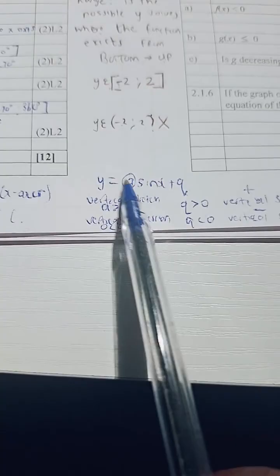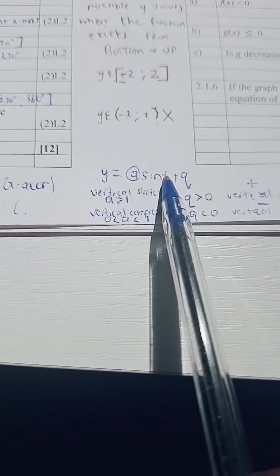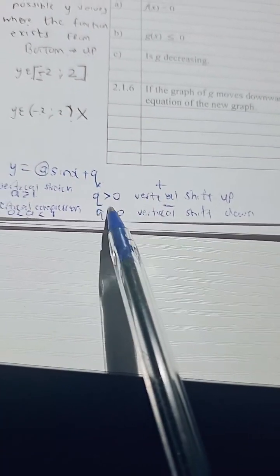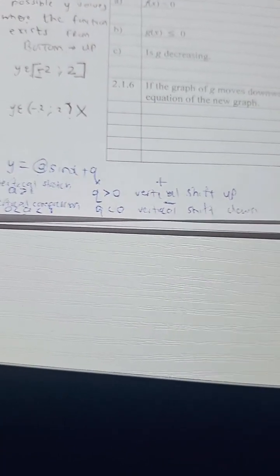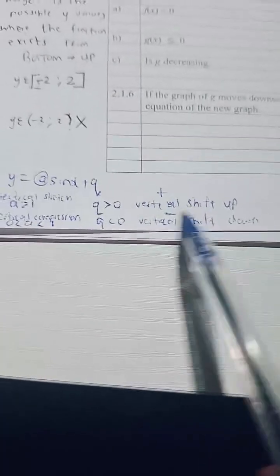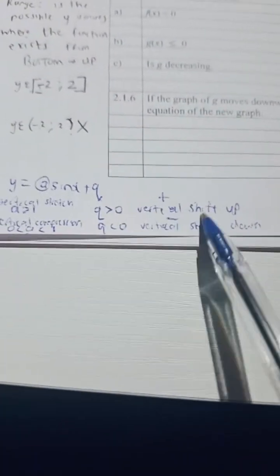In grade 10, we only deal with the sine graph insofar as the coefficient of the sine graph and the Q value, which is the constant. That's all, because our function is only doing two things. It is either vertically stretching or compressing, or it is moving up when Q is greater than 0, or when Q is less than 0, it is vertically moving down. So it's shift up or shift down.